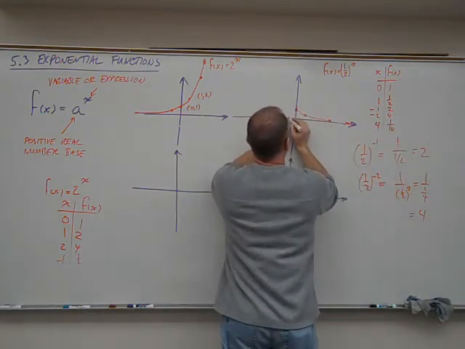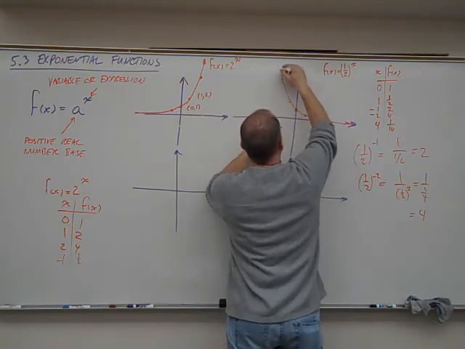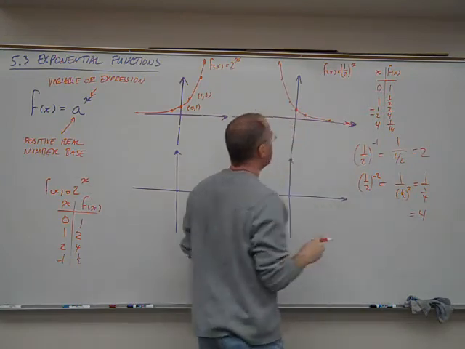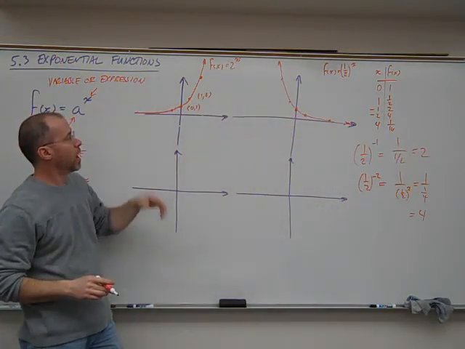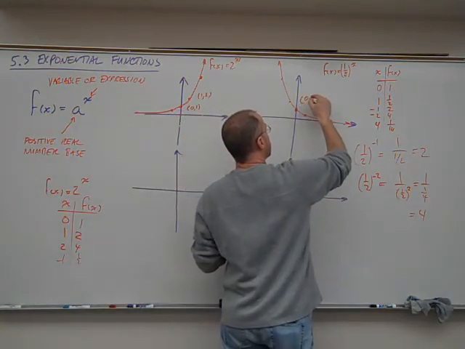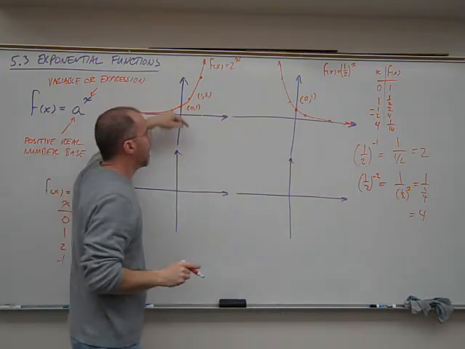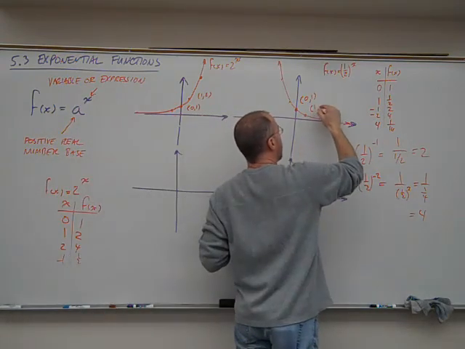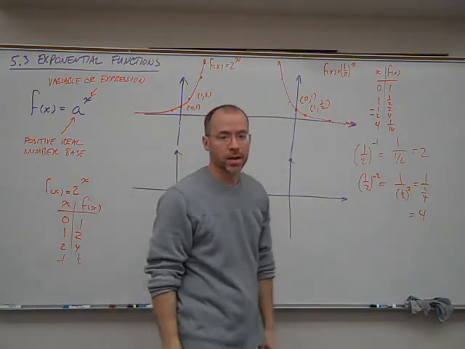So I'd get a point at (-1, 2) and (-2, 4). Basically, this graph just looks like the reflection of this one across the y-axis. And you notice you still have (0, 1), same point that was on this one, and (1, whatever the base is), (1, 1/2) in this case.